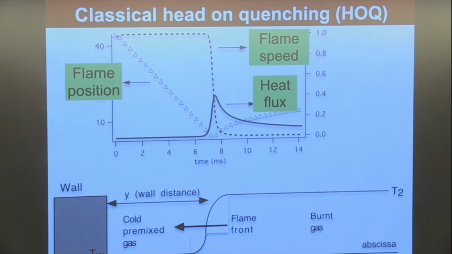And so if you plot versus time the flame speed, the consumption flame speed, I'm not talking about displacement at all here, you see that when the flame is far away, now this is the wall distance between flame and wall, the flame comes to the wall. For the moment, it doesn't sense anything, it keeps going. Then suddenly it hits the wall, it quenches, and you see the wall distance stops here, and then the flame recedes after that.